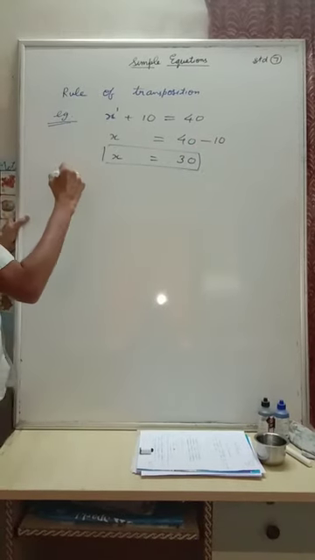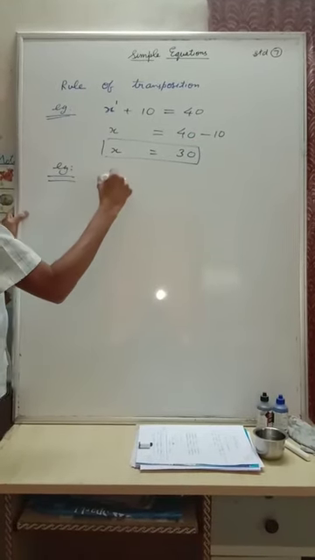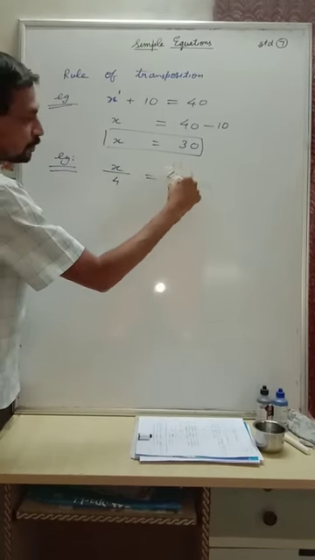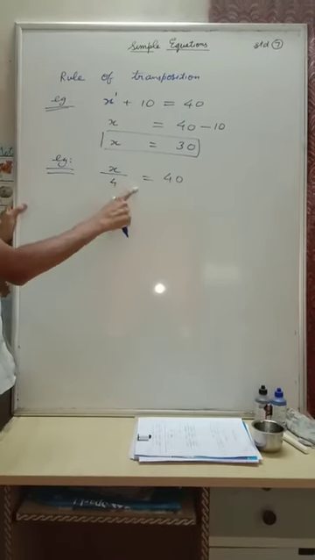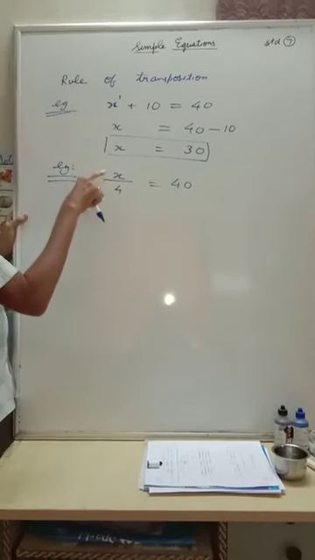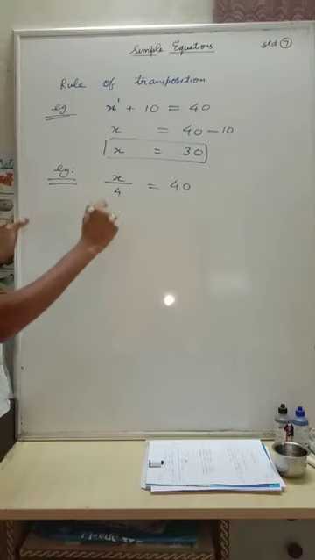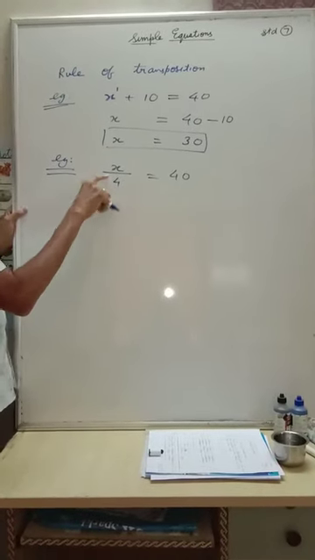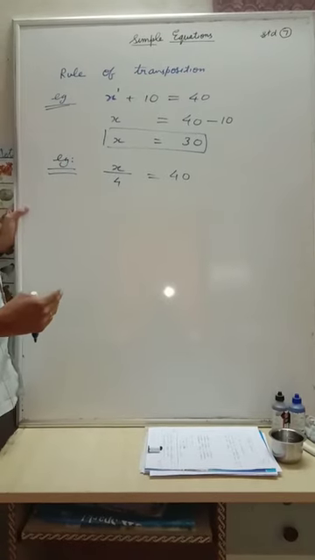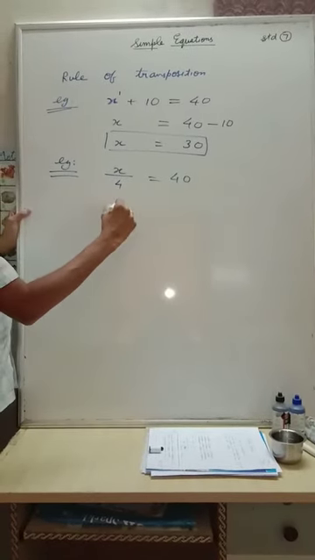One more example, friends. Say we have division over here. x divided by 4 is equal to 40. This is again a linear equation with one variable. It's x divided by 4, so this is division, and when this 4 goes to the right hand side, it becomes multiplication. This is called the rule of transposition.